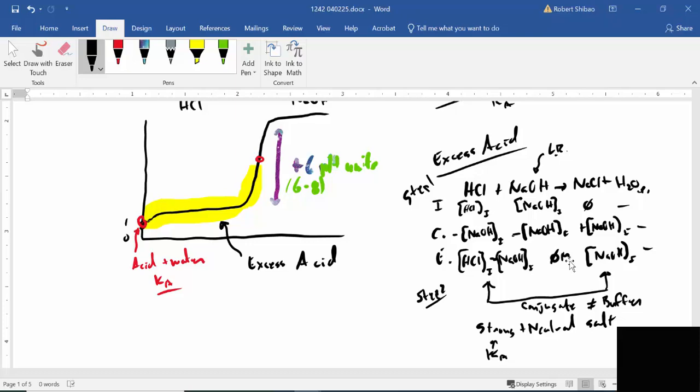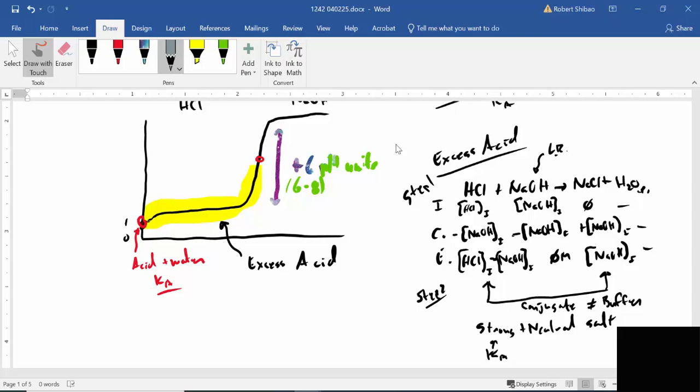All right, so as we get closer and closer to the equivalence point, we have less and less excess strong acid. And pretty soon, we have so little strong acid that the pH is not really determined by the strong acid. The pH is really determined by what? By the water.